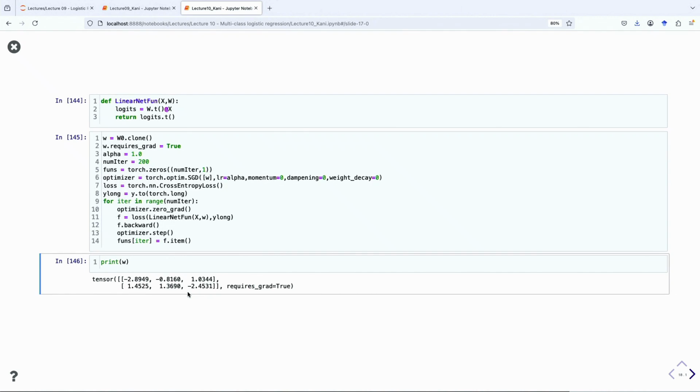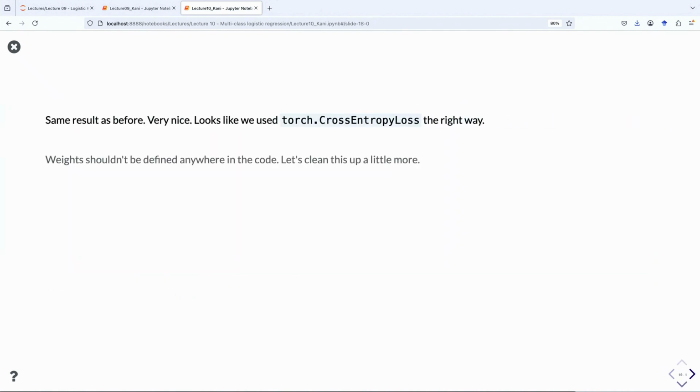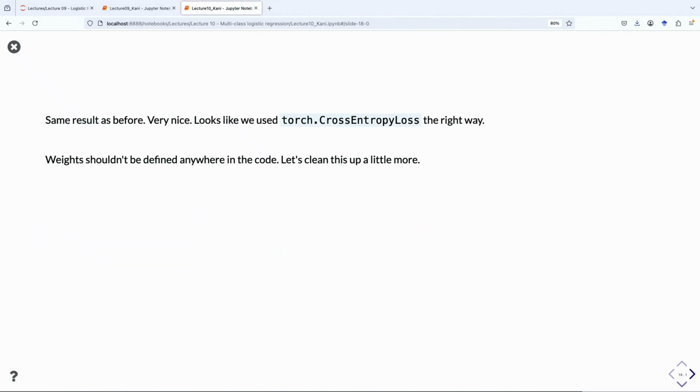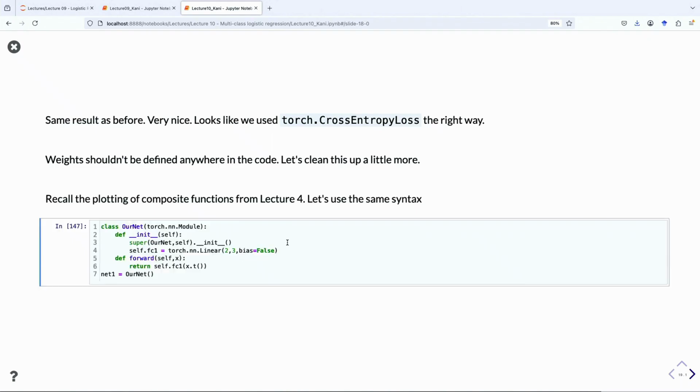And even things like the weights. Remember X, we had to include that extra parameter for bias, right? But we don't really need to.